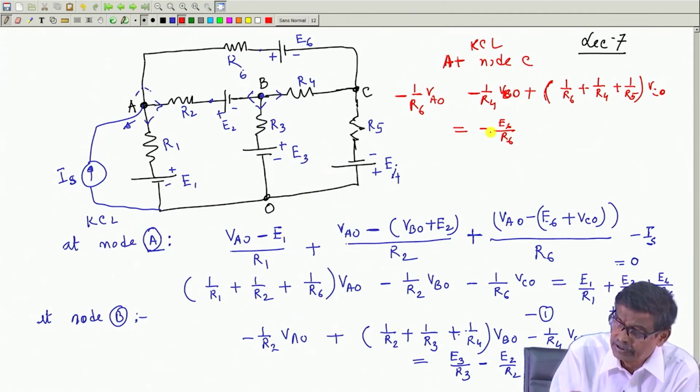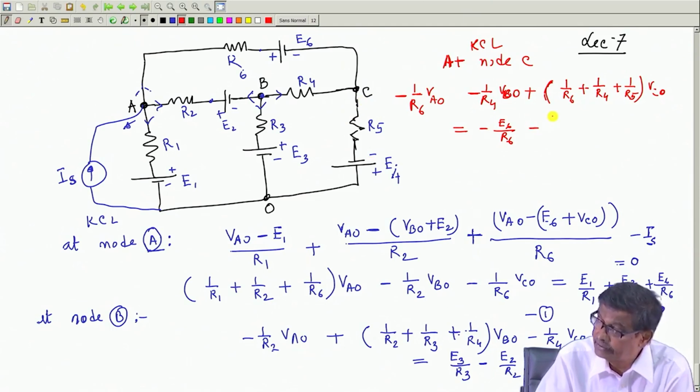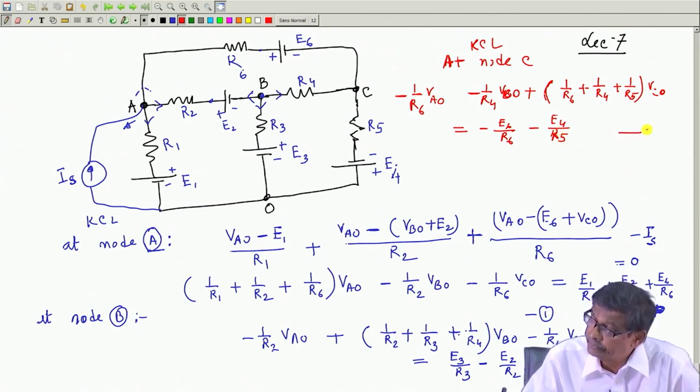In this branch no resistance, no term appears, and the source is not present. Here in this case it will be once again minus is connected to C. So, minus E 4 by R 5. So, this is the third equation.